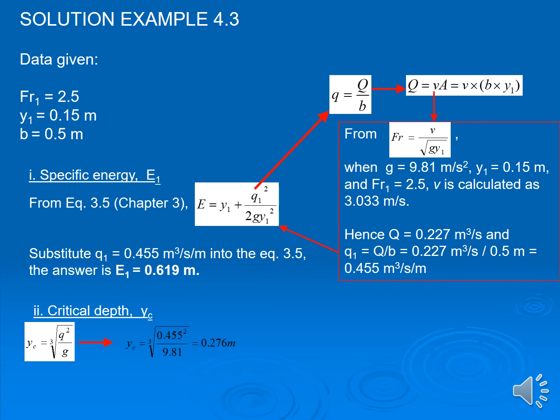And then we use the q from the previous calculation, and g, the gravitational acceleration, 9.81 meters per second squared, we will get the YC equal to 0.276 meters.